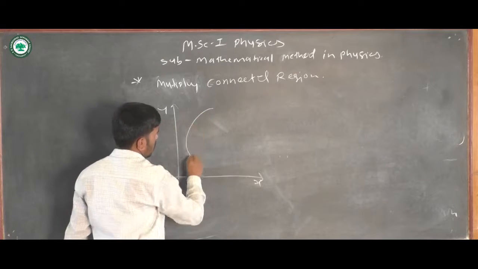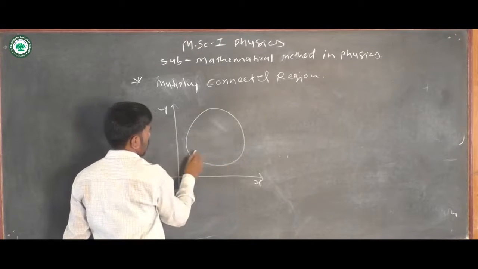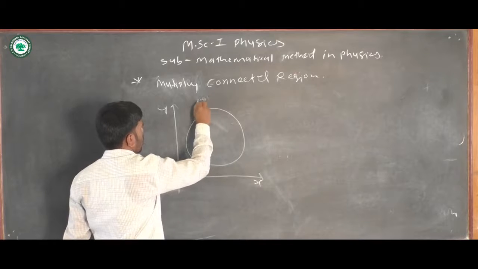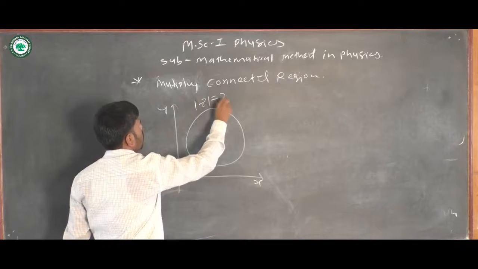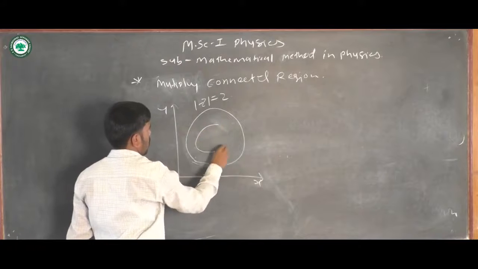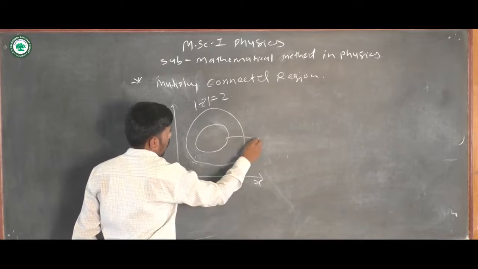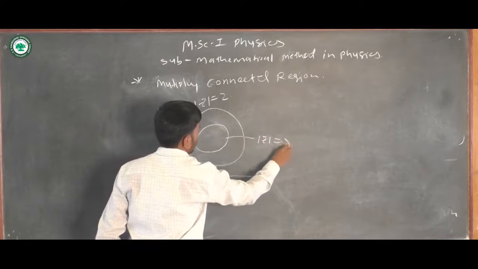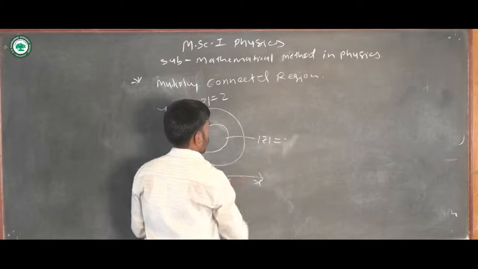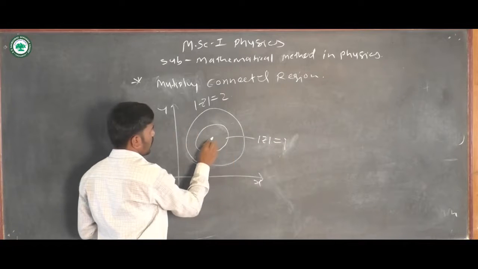Here I am considering a region with one circle mod z equal to 2, and another circle of radius mod z equal to 1, and here one point P.